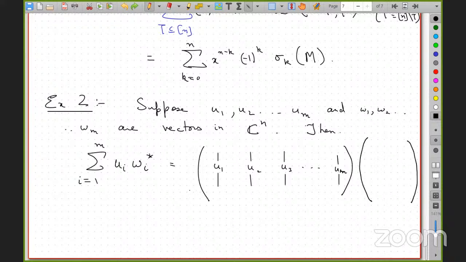It's n rows. The ui's are column vectors, right? Yes, but you have to multiply these by the corresponding wi's. Okay. Yeah. Sure.